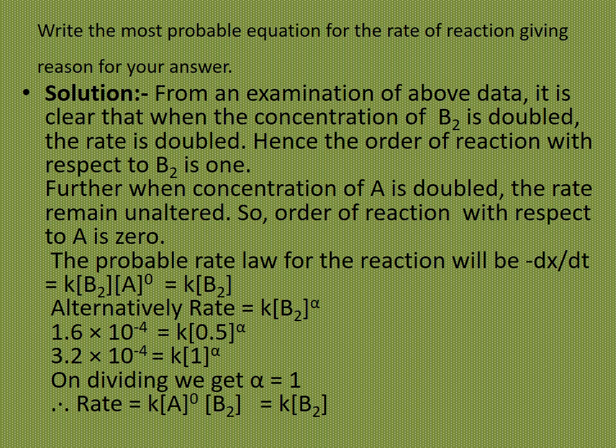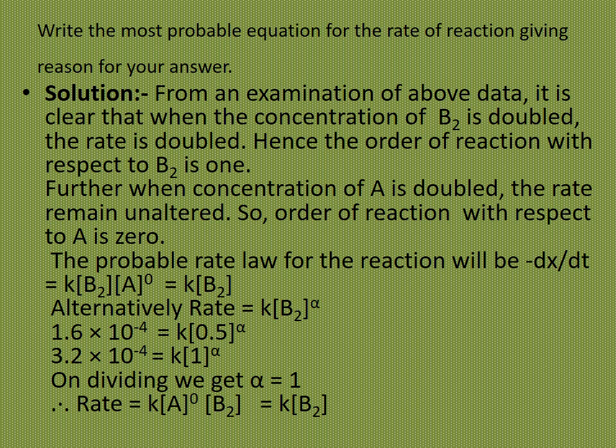From an examination of the above data, it is clear that when the concentration of B2 is doubled, the rate is doubled. Hence, the order of reaction with respect to B2 is 1. Further, when the concentration of A is doubled, the rate remains unaltered. So, the order of reaction with respect to A is 0.